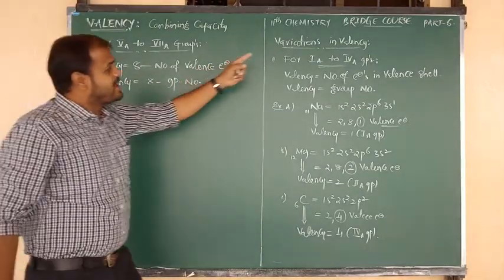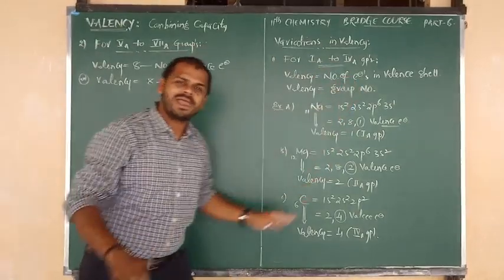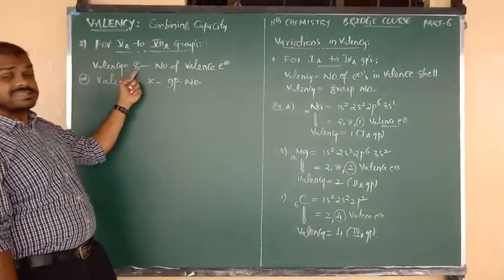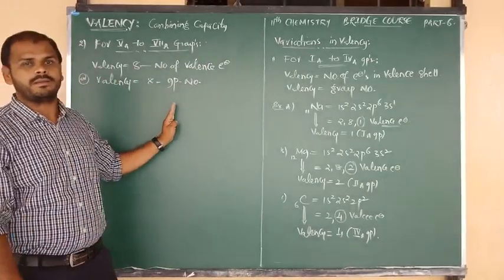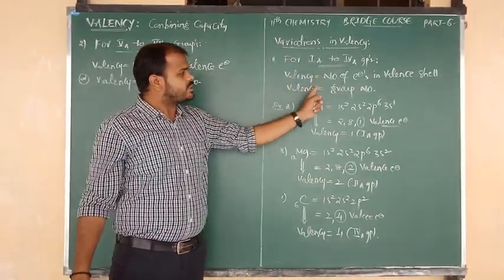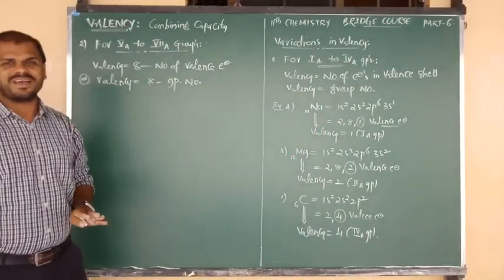Once again, for 1A to 4A group, valency equals the number of valency electrons. But here valency equals 8 minus the number of valency electrons. Valency equals group number for 1A to 4A, but here valency equals 8 minus group number.